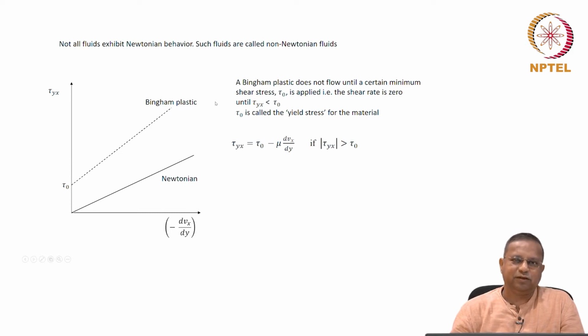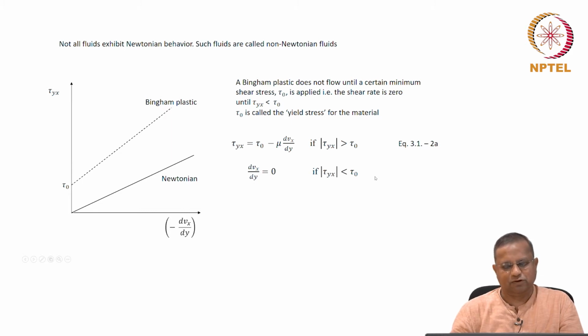Mathematically, the Newtonian fluid was described by Newton's law of viscosity, tau yx equals mu times minus dvx dy. So, this Bingham plastic is described by this set of equations: tau yx equals tau 0 minus mu times dvx dy, if tau yx is greater than tau 0; and dvx dy equals 0, if tau yx is less than tau 0.